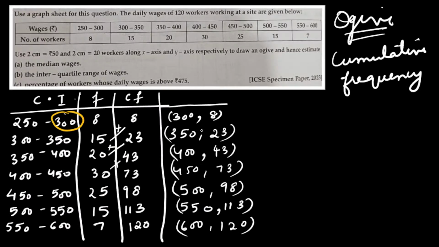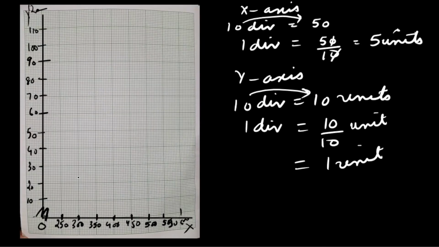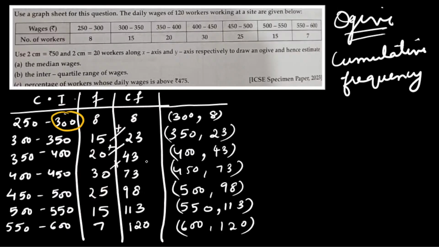So first point is 300, 8. So 300 on x-axis you have to locate and vertically up you have to go till point 8. So here this is very easy. It will be 300 comma 8. You can write also 300 comma 8. For me less space, so I will not be writing each and every point. So this I have shown you how to write.